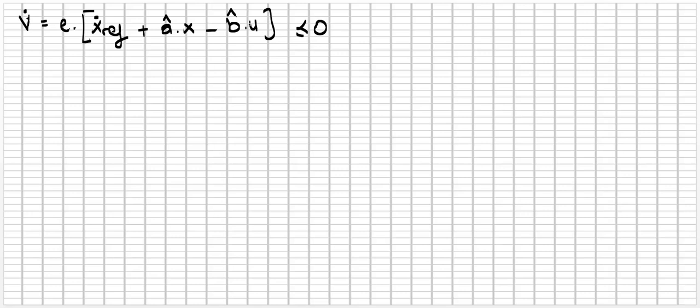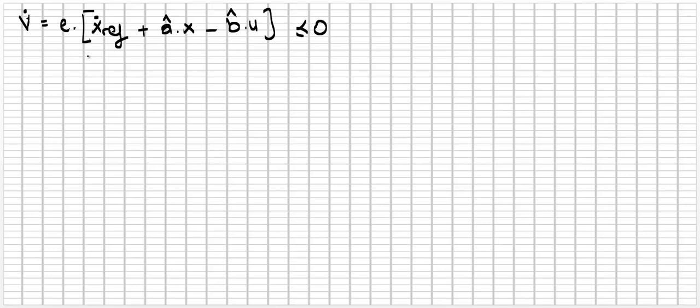So how can we select the proper u value in order to satisfy this condition? The x should be measured, x ref dot comes from the reference value, and a hat and b hat come from the estimator models. So we can only choose the u, or input value, here.